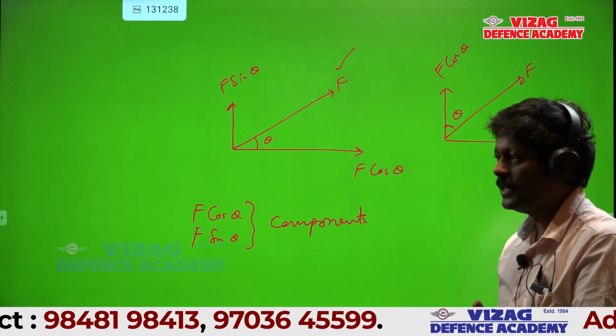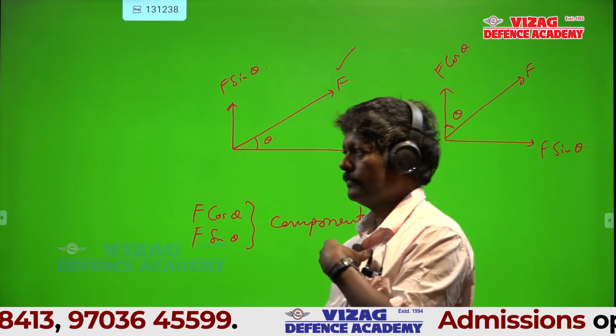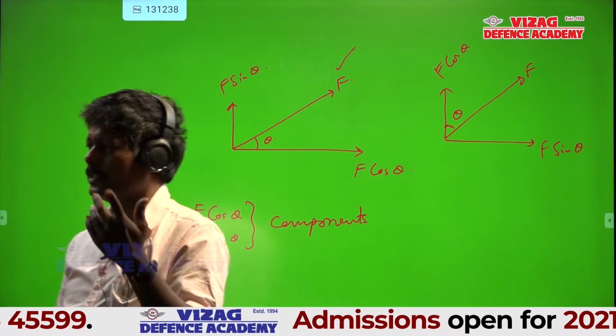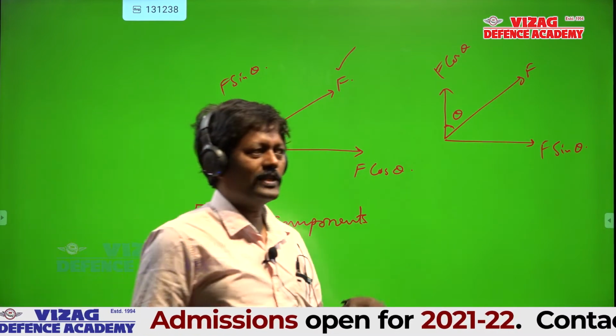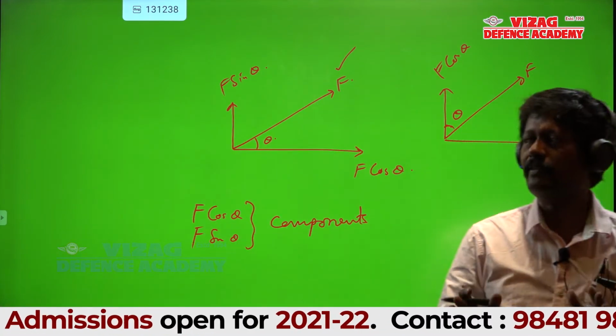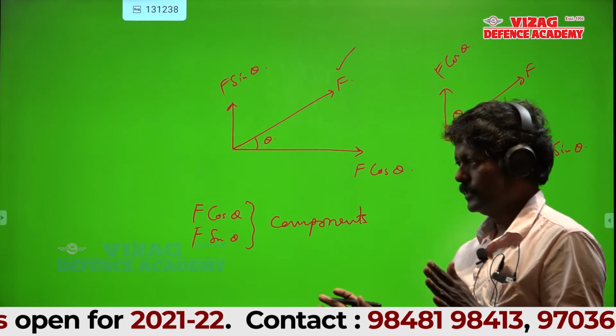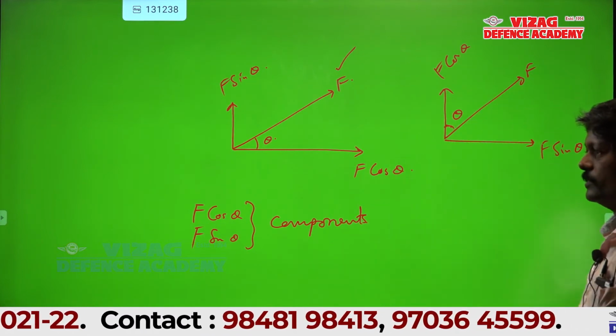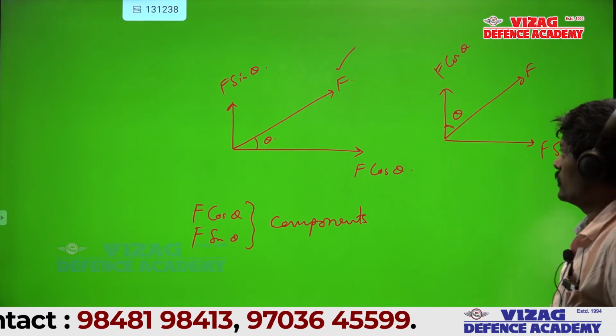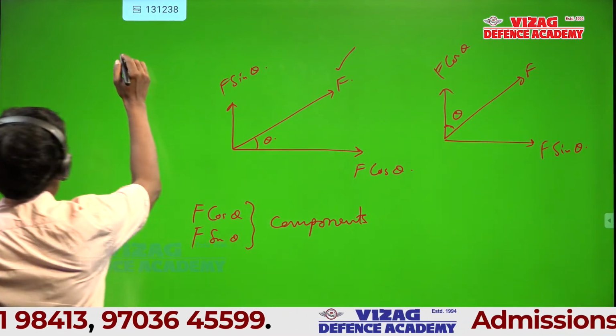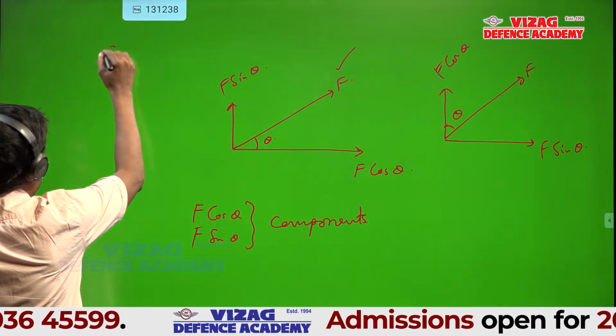How you get this, I will explain, do not worry. Sir, how you got F cos theta, F sin theta, I will explain. First you should know how to split a vector into components. Draw the diagrams, both the diagrams. Write the sub-heading: splitting a vector into components.